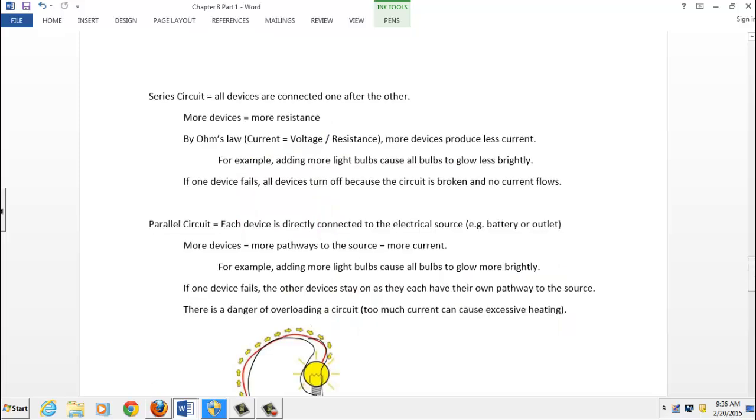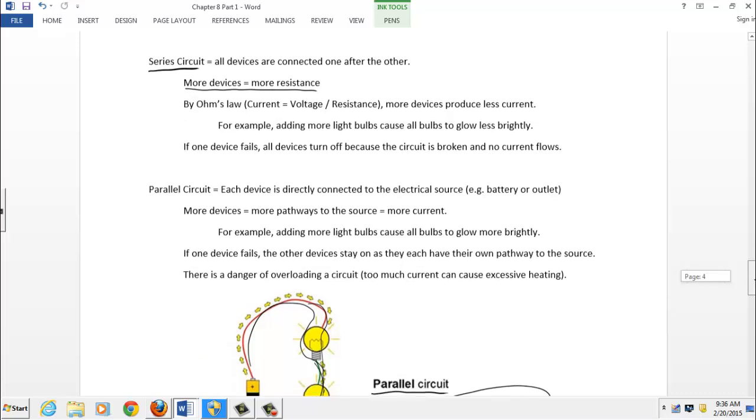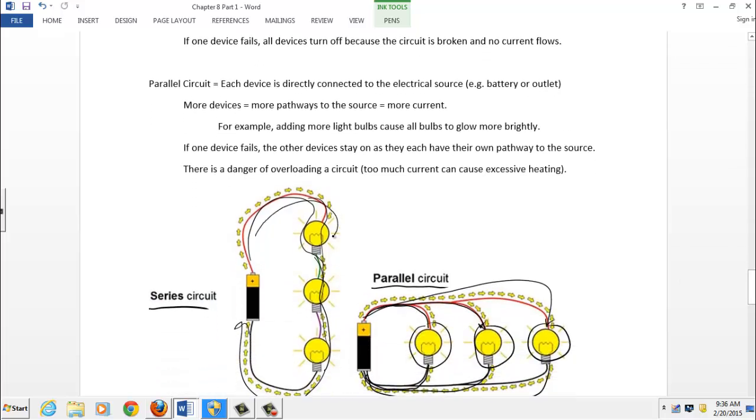Now there are advantages and disadvantages to both. In a series circuit, if you line up one device after the other, then the resistance is going to increase. So as the electrons flow through one light bulb and get slowed down, they exit the light bulb a little bit slower, and then they hit the second light bulb, slow down even more, right?